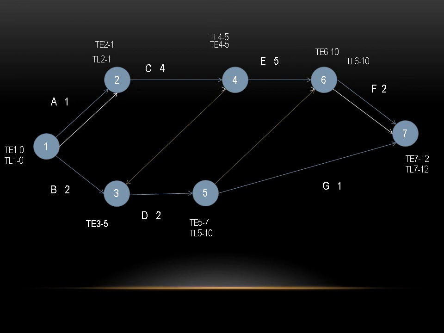Now at 5, why is it 10? Okay, reverse the arrow. Originally the arrow was from 5 to 6. Now put the arrow from 6 to 5. Okay, 6 to 5. Now 12 minus 2, at 6 it was 10. And from 5 to 7, 12 minus 1 it is 11. 10 and 11, which one is least? 10.